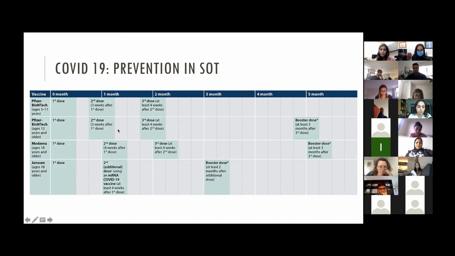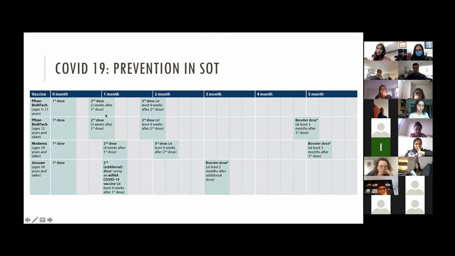And what's been changing recently is the recommendation for the booster dose for transplant patients. Like everyone else, you guys saw that the booster dose was for 6 months and then 5 months. And as of 2 weeks ago, they've now changed this again to say that transplant patients can now get their booster dose as early as 3 months after their third dose.